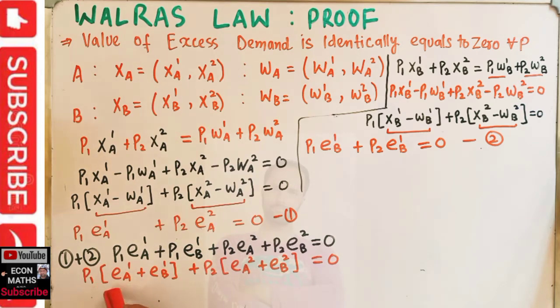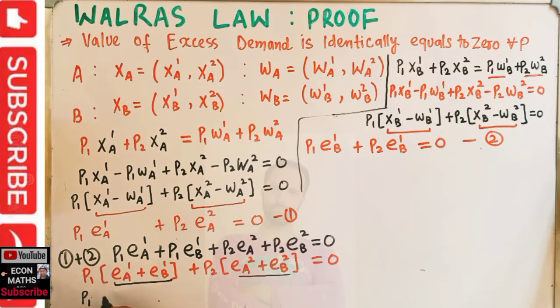Now what does this EA1 plus EB1 show us? EA1 shows the excess demand of good 1 by person A. EB1 shows excess demand of good 1 by person B. Then this all shows us the aggregate excess demand of good 1 by person A and B. So when we add these two, it will show us the aggregate excess demand of good 1. This will show us aggregate excess demand of good 2. Okay, so can I write it like this?